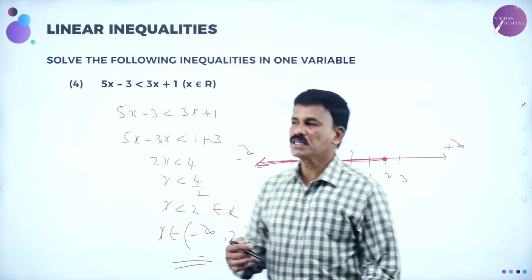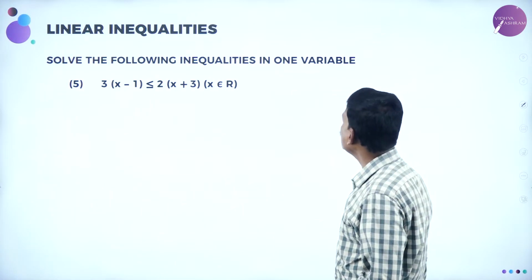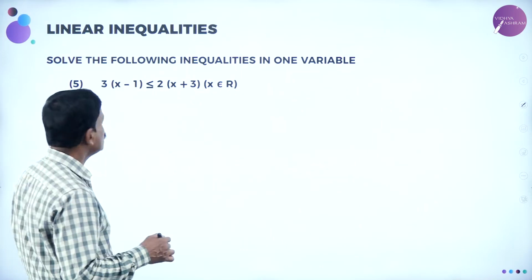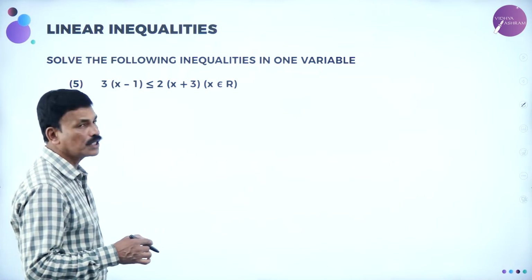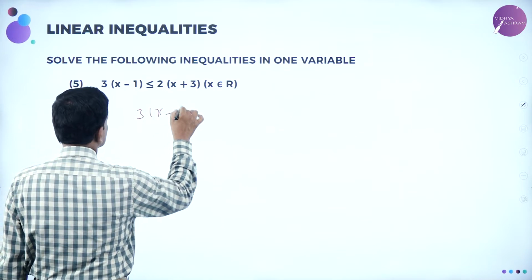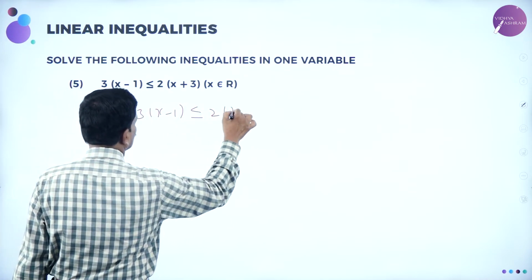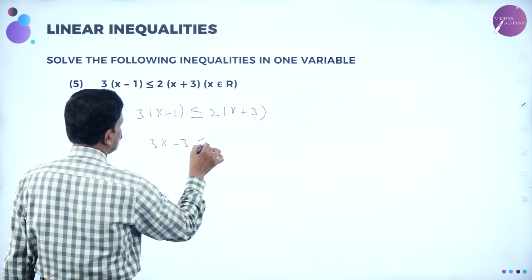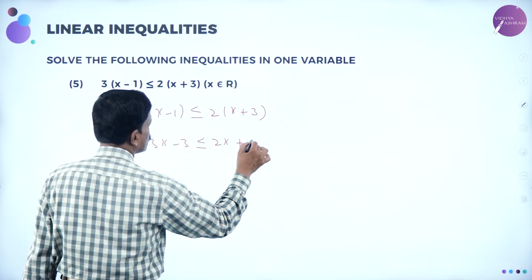Now let us come to the next problem. Solve the following linear inequality in one variable. Same type problem. What is given here? 3 into x minus 1 less than or equal to 2 times x plus 3. Now multiply it. 3x minus 3, which is less than or equal to 2x plus 3 2s are 6.